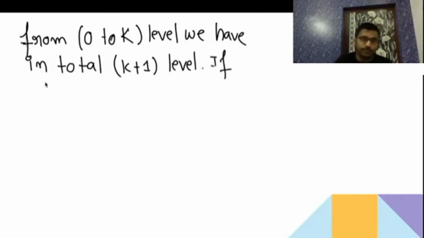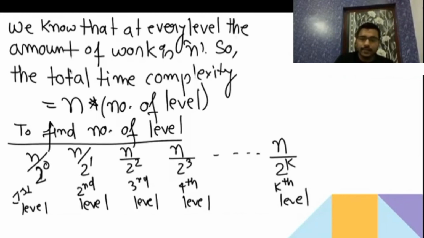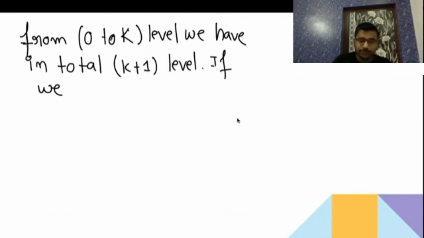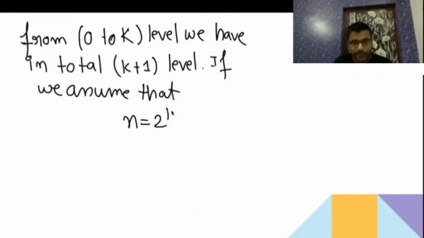And you know that 2 to the power k is going to be n, then only it is going to become 1, to get the base condition. If we assume that n equals 2 to the power k, then k is going to be log n base 2.